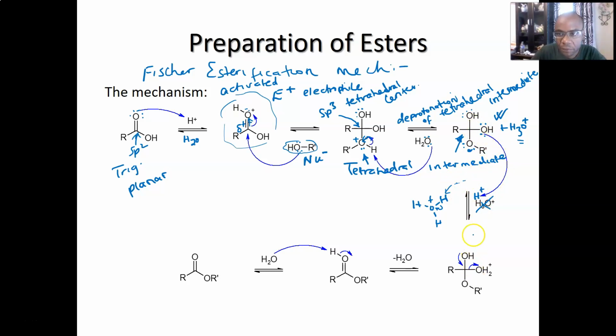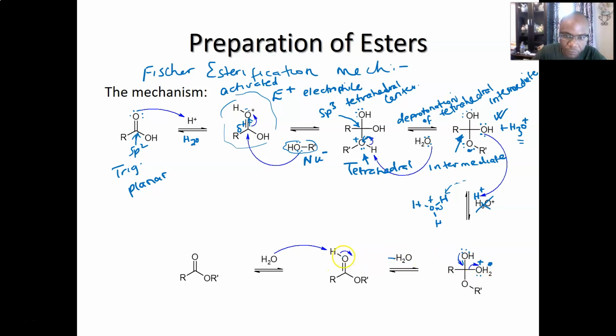Now, because the oxygen used its lone pair, it becomes positively charged. The positive charge is on oxygen, not on hydrogen. And now you can use the lone pair on the other oxygen to make a double bond, a pi bond, in between the oxygen and the tetrahedral carbon center. At the same time, water leaves. That's what this subtraction means.